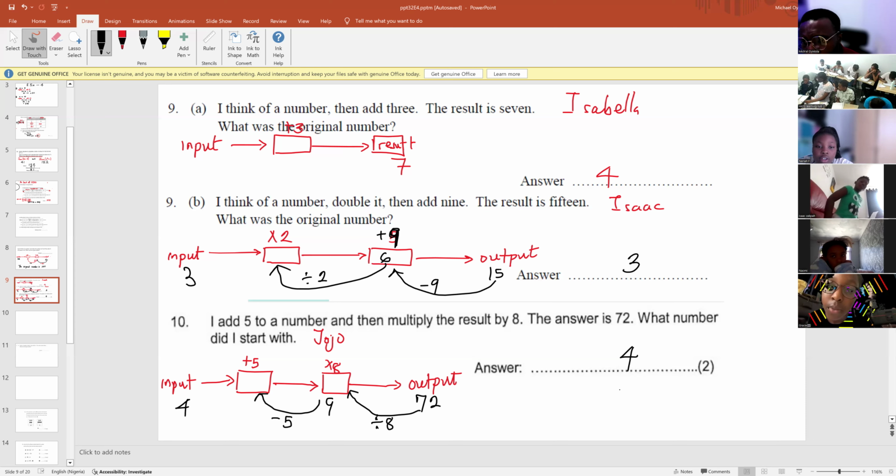Come on. I got 72 divided by 8. So when you did 72 divided by 8, what did you get? 9. So what's the next thing you're supposed to do? The function machine says add 5. But since you are working backwards, so what is 9? Did you take away 5?